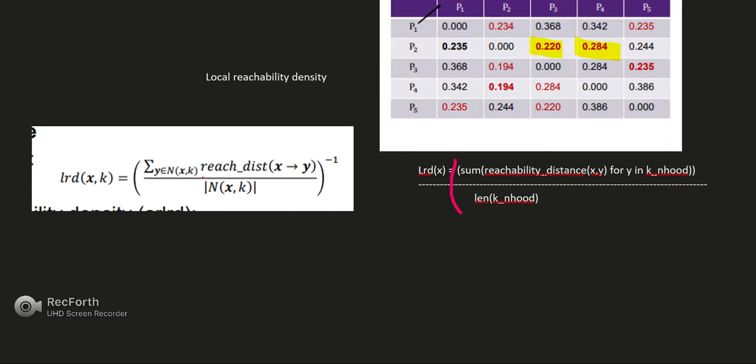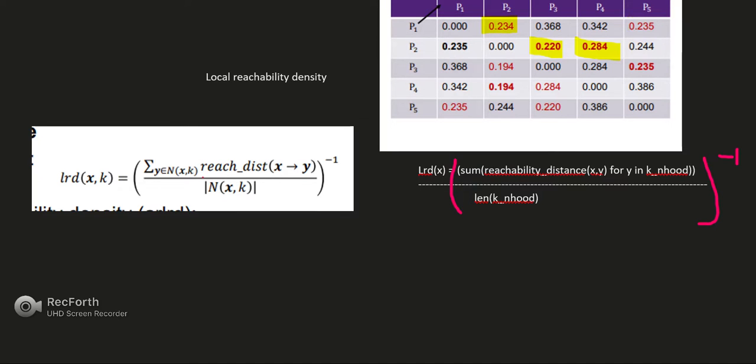And then all of this is to the power of -1. So all that's telling you is that we take the sum of the reachability distances for a given point within its k-neighborhood, and we divide that by the length of the k-neighborhood and take the power of -1.